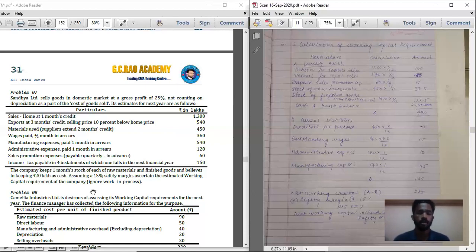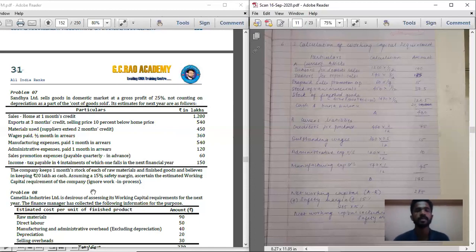The company keeps 1 month of stock of each of raw material and finished goods, and believes in keeping 20 lakhs in cash. That is, for raw material and finished goods you should maintain 1 month of closing stock, and cash to be maintained is 20 lakhs.